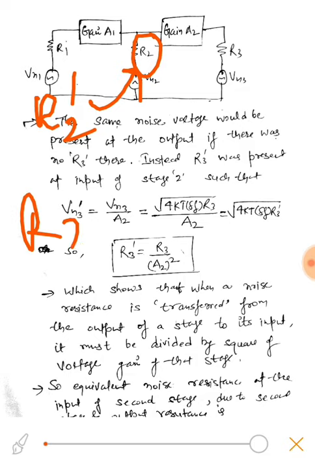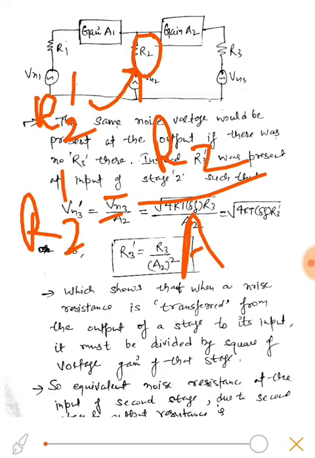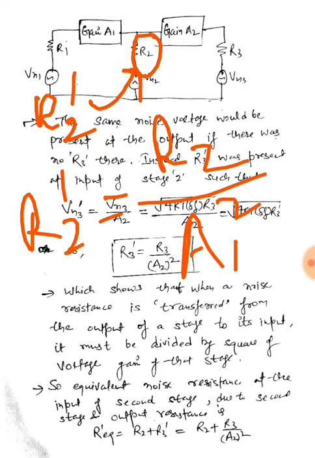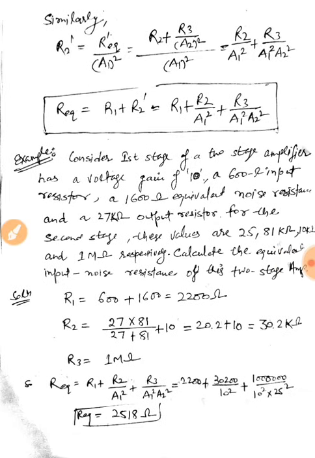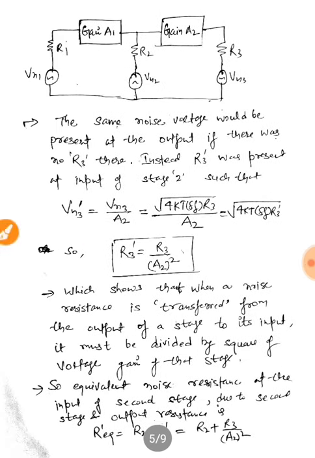So R2 dash would be equal to R2 upon A1 square. So the formula comes out to be R2 dash is R equivalent dash upon A1 square. R equivalent is nothing but, as we have calculated, R2 plus R3 dash.